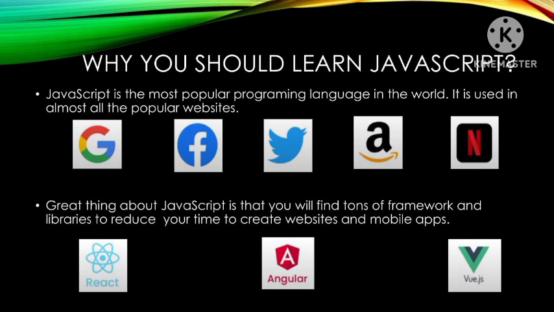And the great thing about JavaScript is that you can find tons of frameworks. A framework is used to connect to JavaScript, and libraries are used through the framework. These libraries save our time. It reduces our time in creating a website if we have so many built-in things.